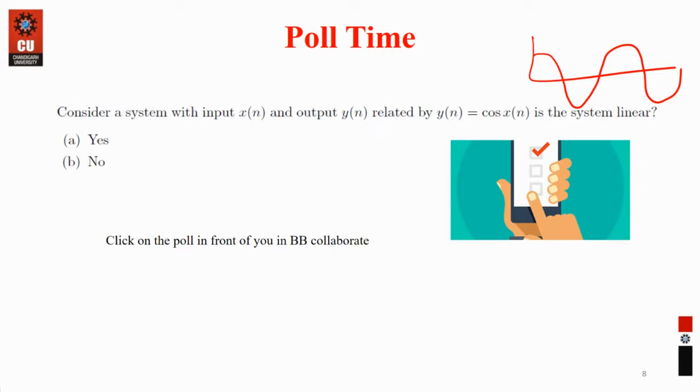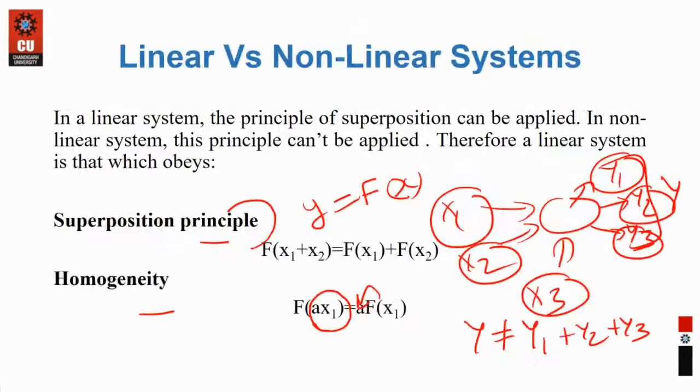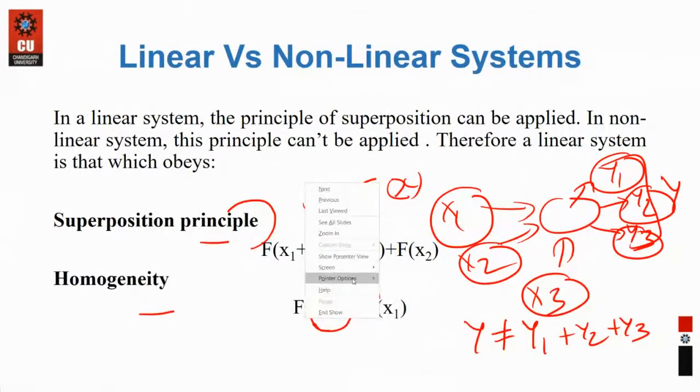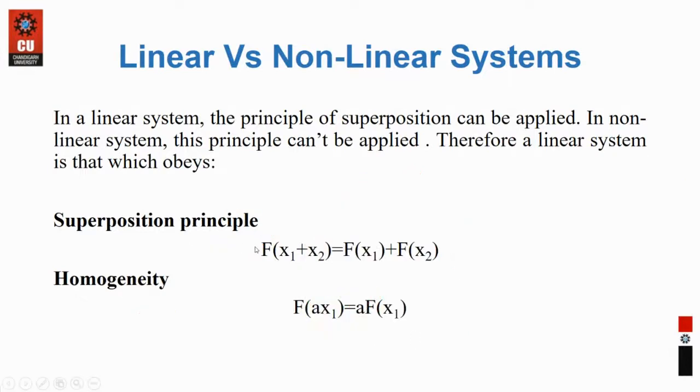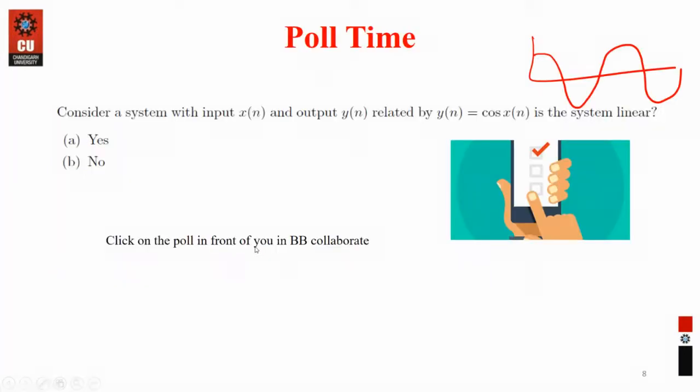For which particular interval of time do we have to consider? So if it is not possible like this, then you can apply the superposition theorem and the homogeneity principle as well. If they are applicable, it will be a linear system. If not applicable, it will be a non-linear system.